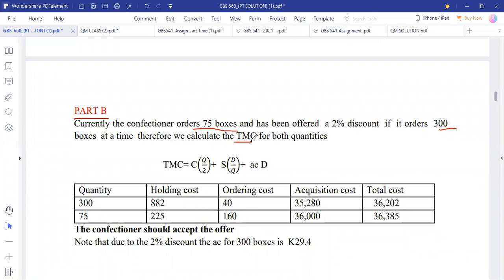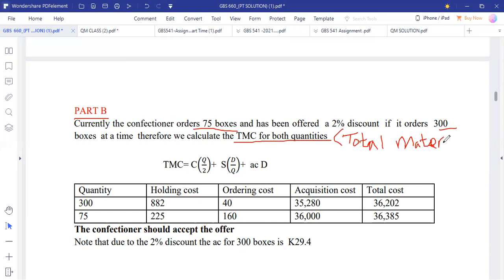Therefore, we're supposed to calculate the total material cost for both quantities. TMC simply means total material cost. So we are talking about total material cost. All right. Then the other one, the TSC, was the total stocking cost.